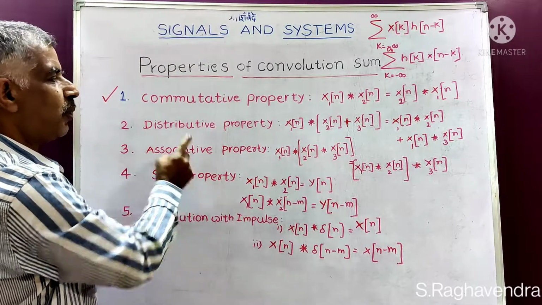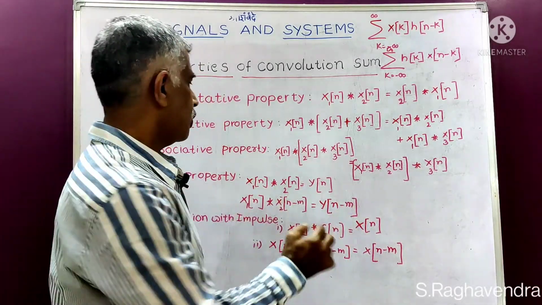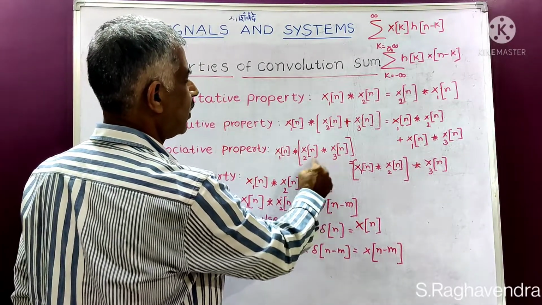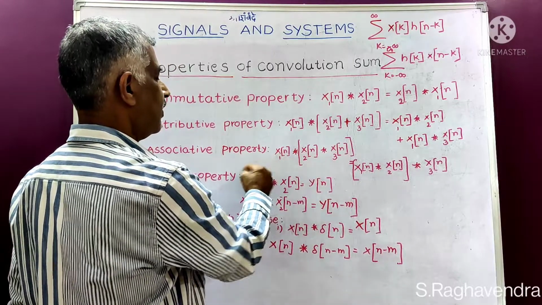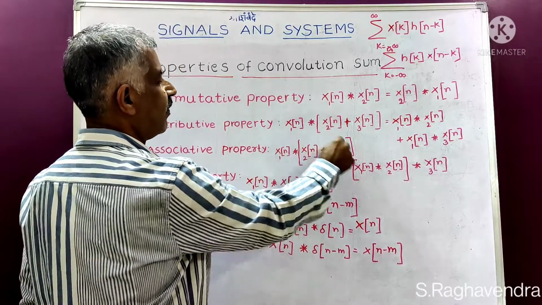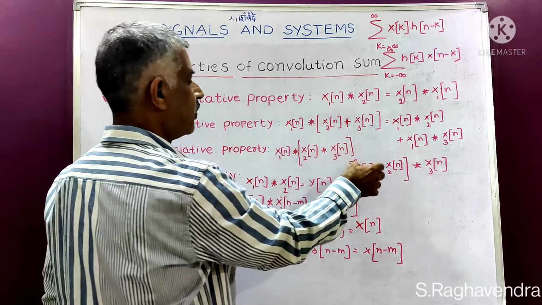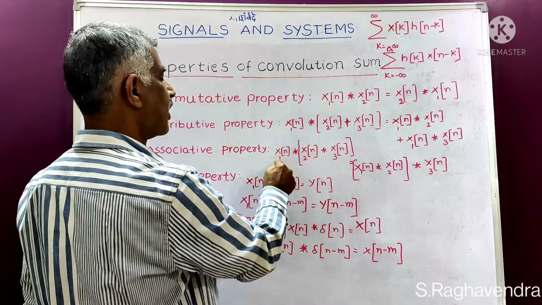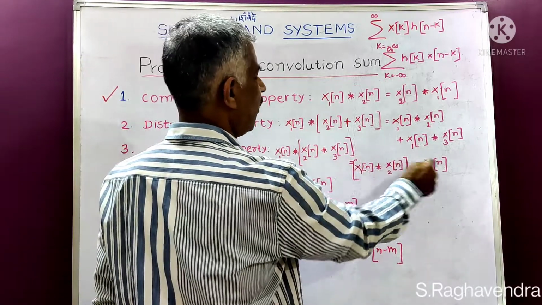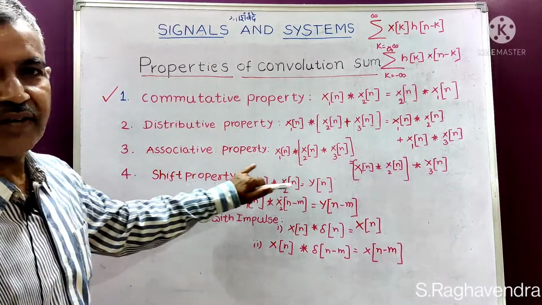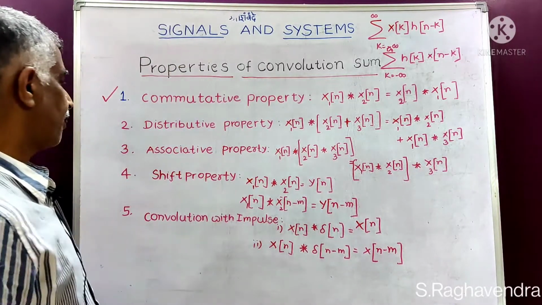Next, the associative property, grouping. Here x2, x3 are grouped, x1 is here. Instead, x1 convolving with this group can be altered by grouping x1 with x2 and then convolving with x3. This is what is called the associative property.